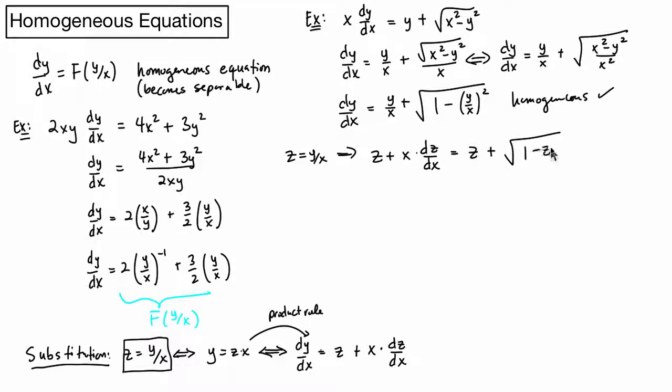It will occur in both positions, so the z's will cancel with one another. And we end up having the following differential equation, which should immediately be recognized as being separable.